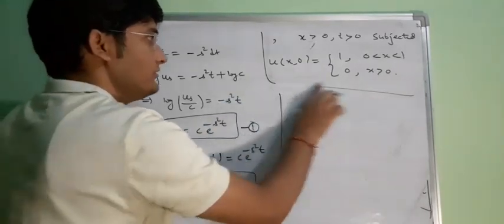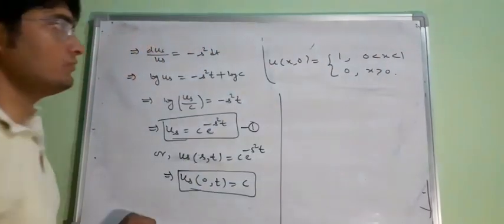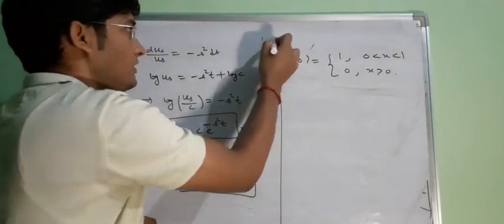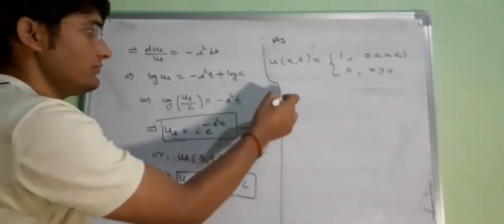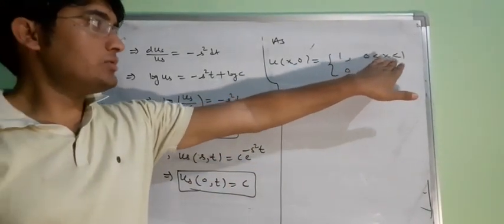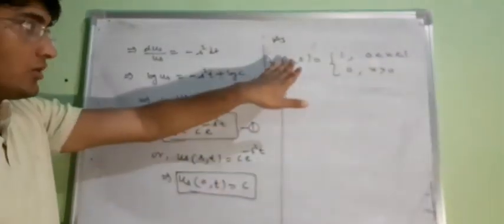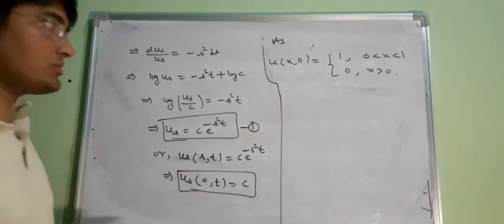Now because we have this condition, ux 0 is equal to 1 when x is between 0 to 1, and this is 0 when x is greater than 1. Let us find out its Fourier sine transformation.